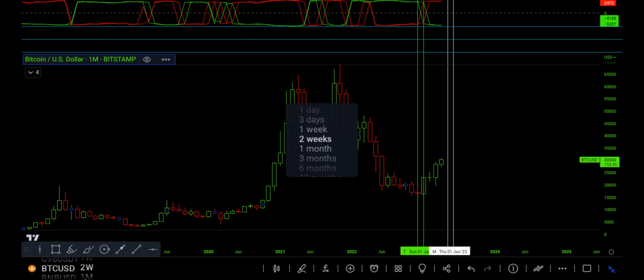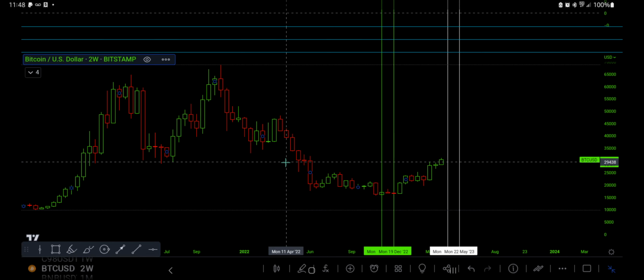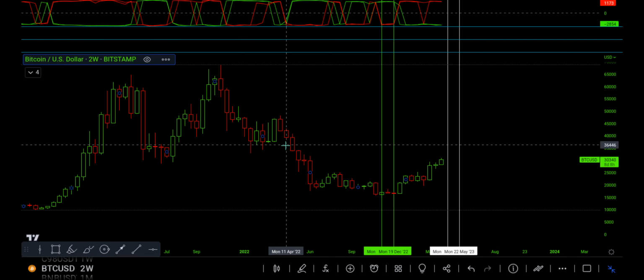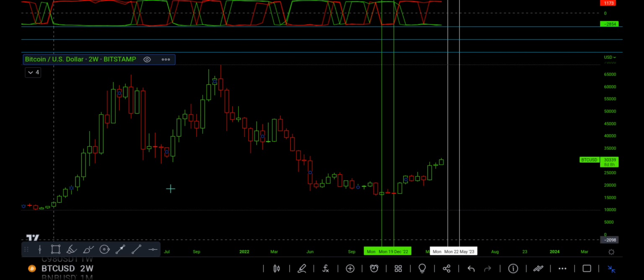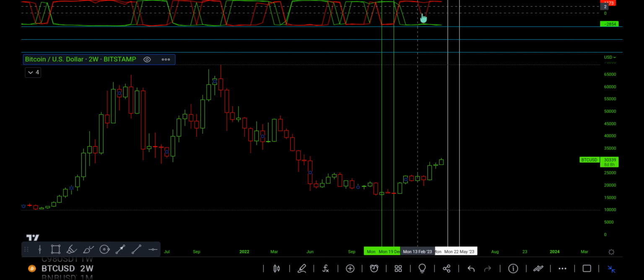If we go now, we're gonna move down to the 2 week. And now we're gonna try and learn a little bit of pattern recognition within the indicator itself, as well. So in the current move, this would be extension, right?